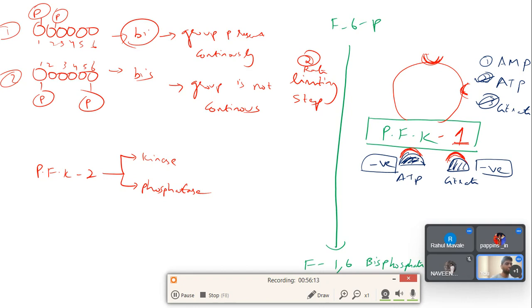So when there is a lot of AMP in the body, this AMP comes and binds to this phosphofructokinase 1, and it tells the cell that okay, there is no energy left, everything is utilized, now please proceed with the glycolytic cycle. And this is a positive regulator. So we have learned about ATP, citrate and AMP. These two are negative regulators and this is a positive regulator, right?